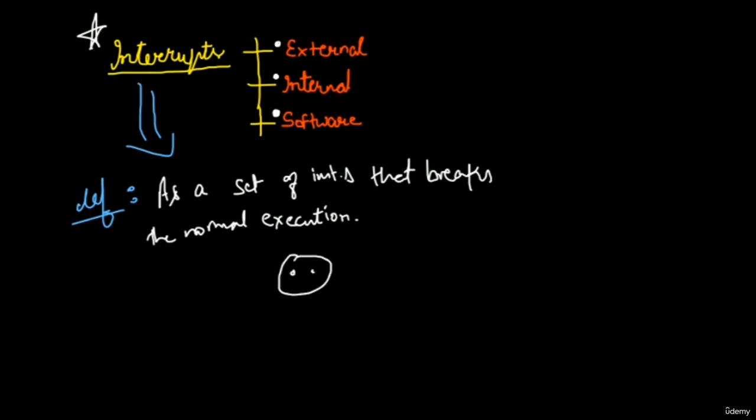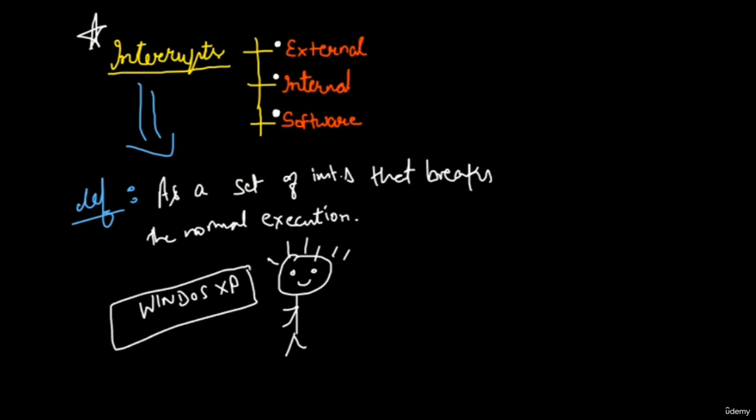When it happened that you are working and working, and your Windows is downloading. Let's say you are downloading a new Windows, Windows XP version. We are old, right? Okay.